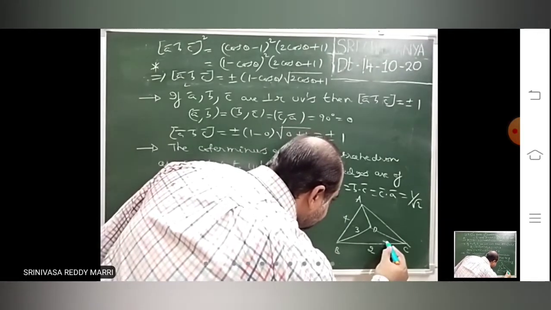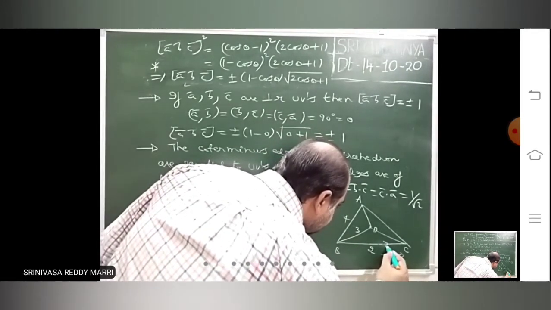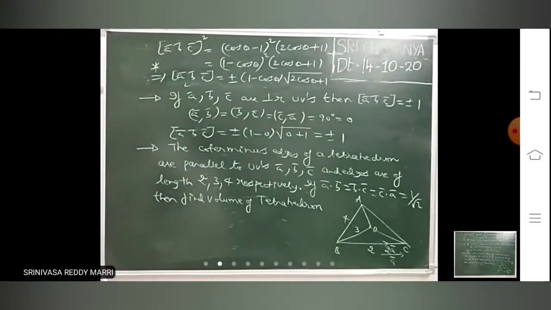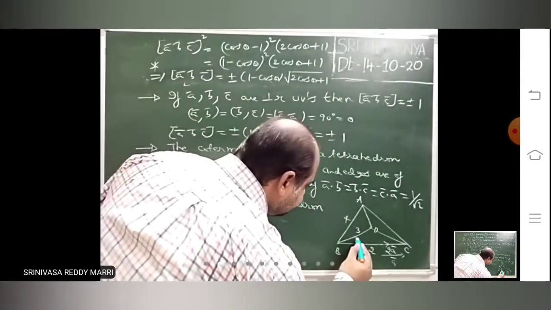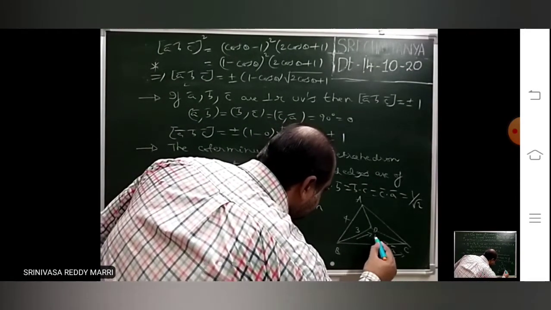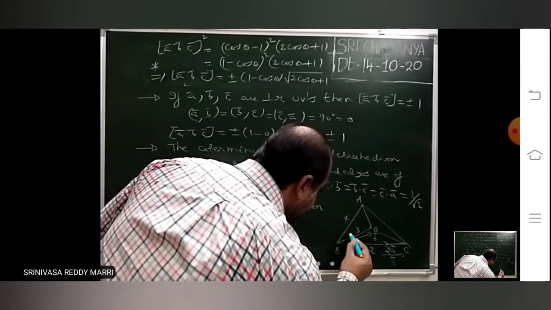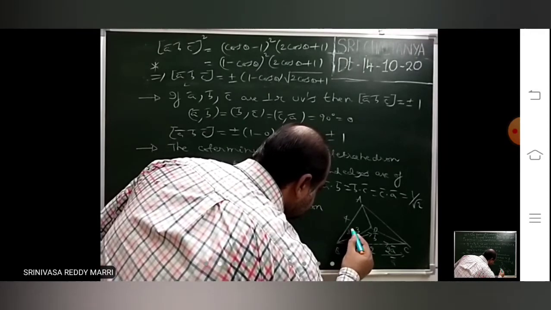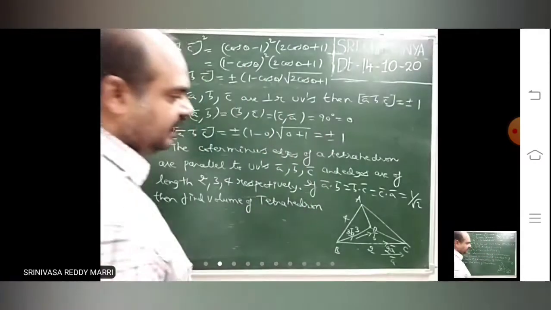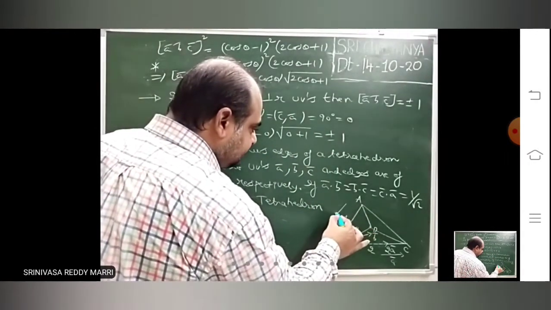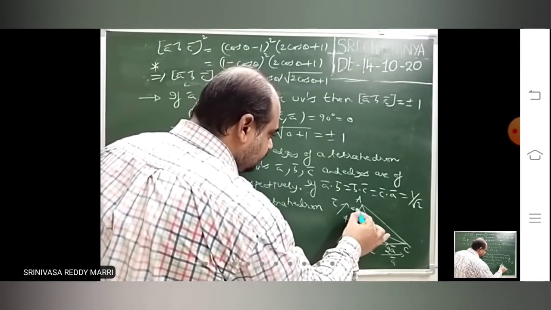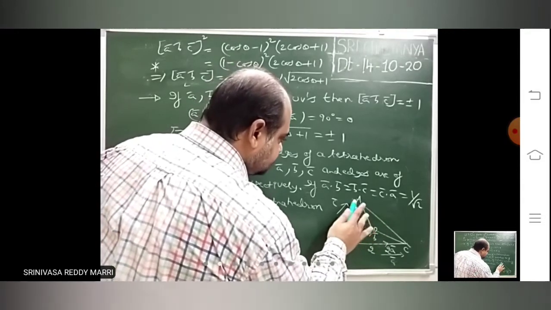So this is nothing but 2 A bar, magnitude into unit vector. Similarly, BD is parallel to a unit vector, so this is nothing but 3B bar. Similarly, this edge is parallel to unit vector C bar, so this is nothing but 4C bar.